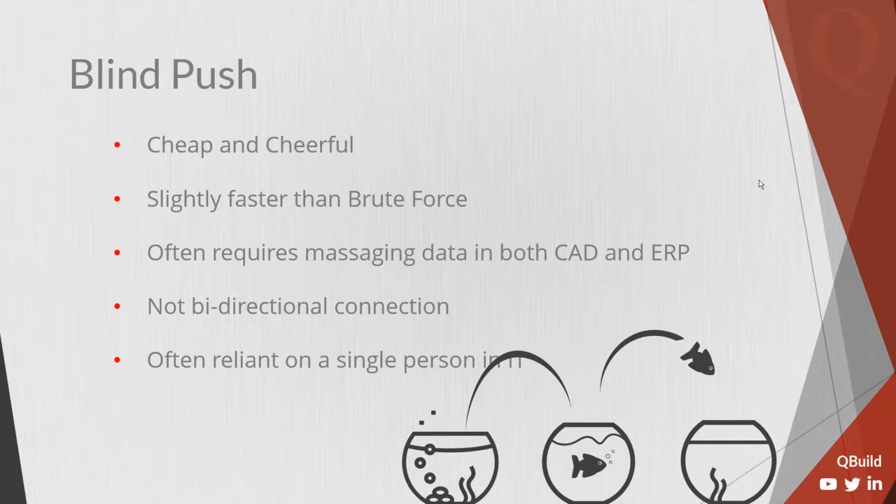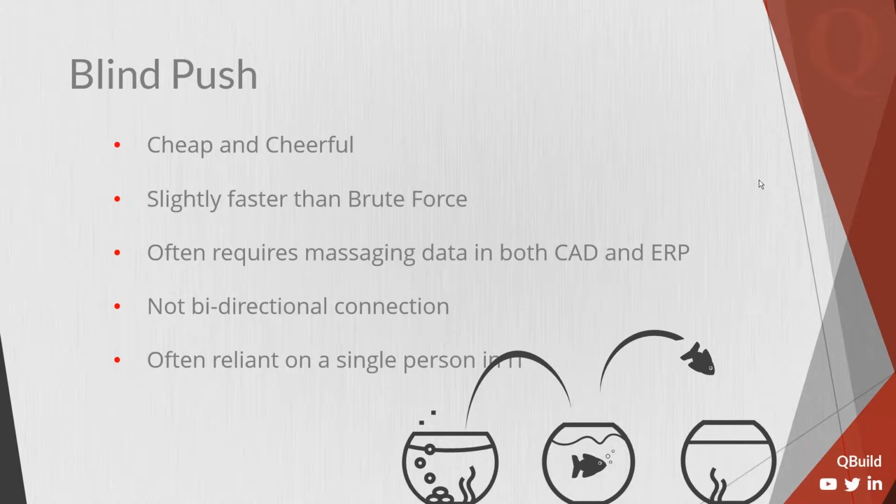Very often it requires massaging of the data. More often than not, the format that's exported from your CAD system is not the exact format that CSI would need in order to import it in. So there's going to be manually rearranging columns, copying and pasting, all that kind of stuff in order to massage that data and have it fit nicely into CSI.